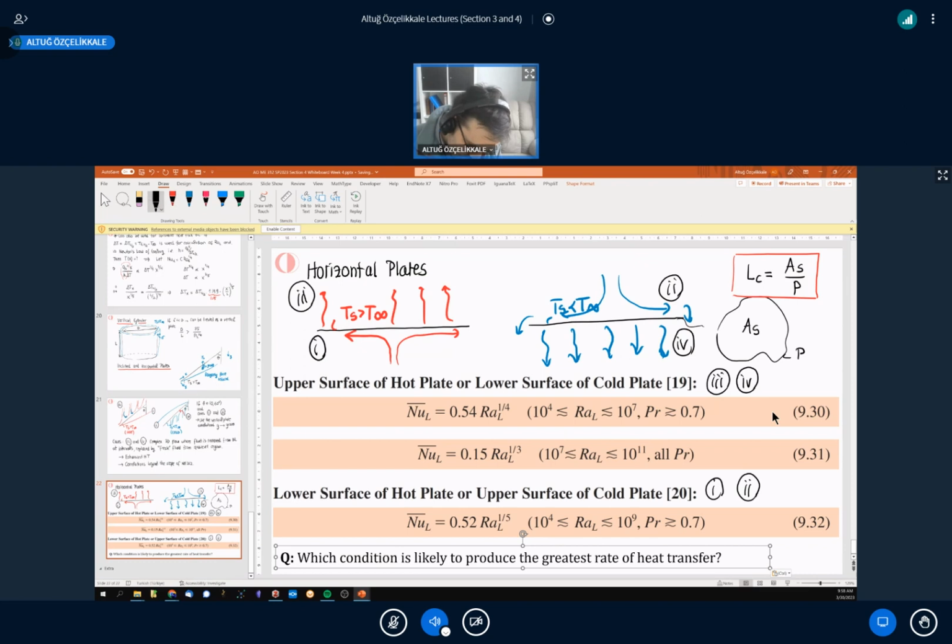You are going to have 3 correlations. Thinking about what conditions those correlations are valid for and what happens under those cases, go ahead and say which correlation, A, B, or C, gives the greatest heat transfer. Let me start a poll.